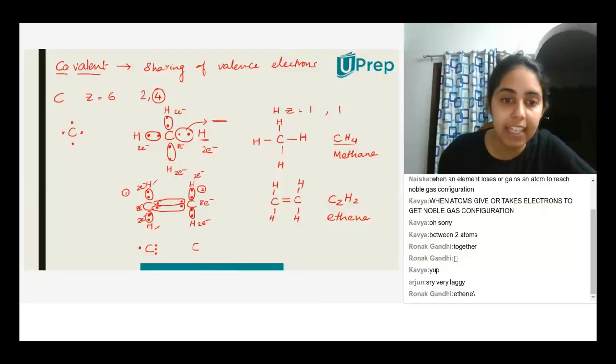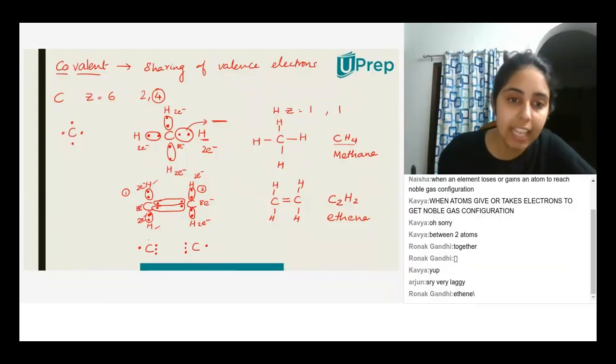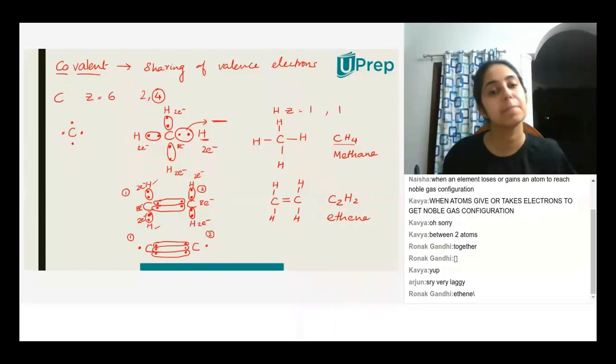Similarly, for the second carbon, I'll draw 3 electrons on one side and 1 electron on the other side. Then I'll make these two carbons share these electrons. Now after sharing, how many electrons does the first carbon have? 6 or 7? 7. What about the second carbon?